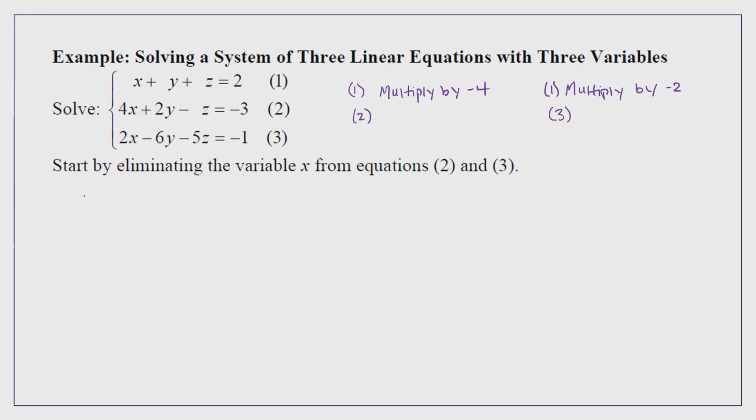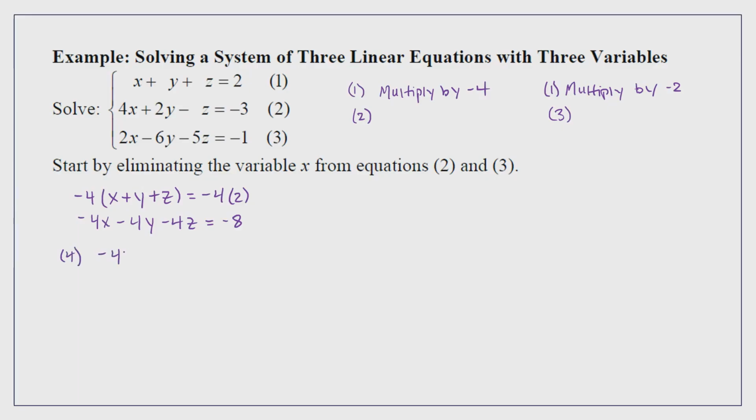Let's do the first one. So I'm going to multiply equation 1 by -4. I'll do that on the left side and on the right side. So that's -4x minus 4y minus 4z equals -8. So I now have a new equation. We'll call that equation 4.